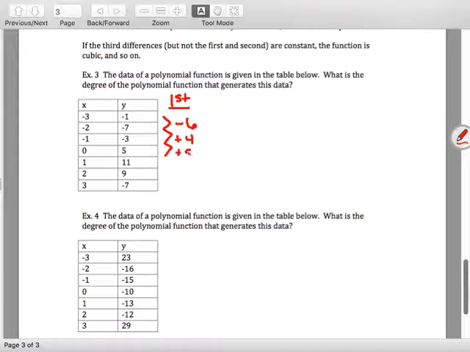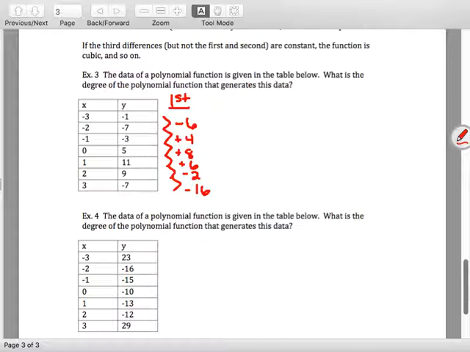This one's going up 8. It goes up 6, down 2, down 16. So what you guys just read is if the first differences are constant, then it's linear. Well, these are not constant. A constant means 8, 8, 8, 8, or negative 11, negative 11, negative 11.